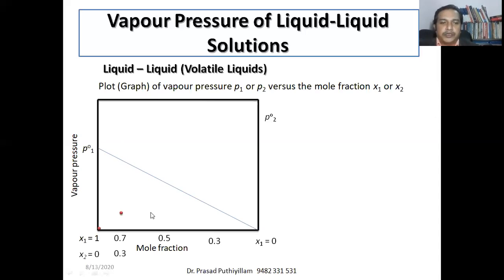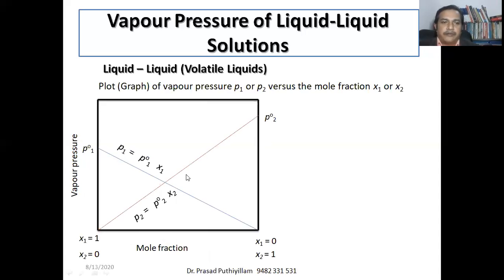Because P2 is equal to P02 x2, and the x2 value is increased from 0 to 0.3, the pressure due to component 2 is increasing. Likewise, for 0.5, the value will be increasing. For 0.7, further increment in pressure due to component 2. And finally, when the mole fraction equals 1, only component 2 is there, then the pressure due to that particular component is P02. The trend line is given like this.